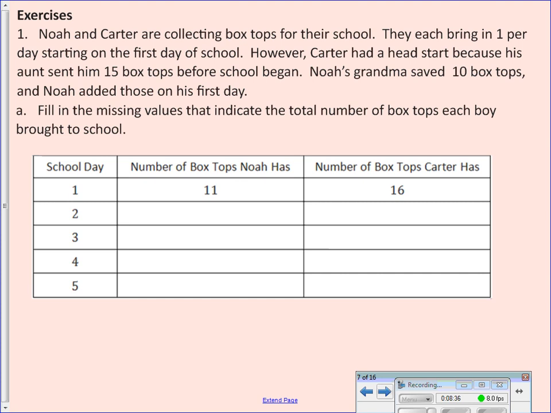So they already made the table for you. They put the headings in the first row of the table, and they listed the days of school starting with the first day. Now, how come Noah has 11? Where did that 11 come from?